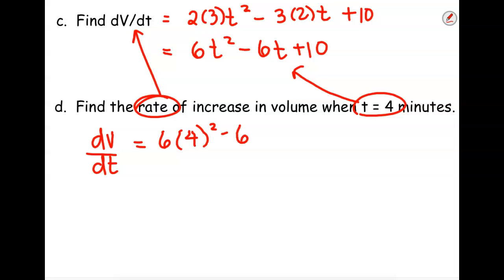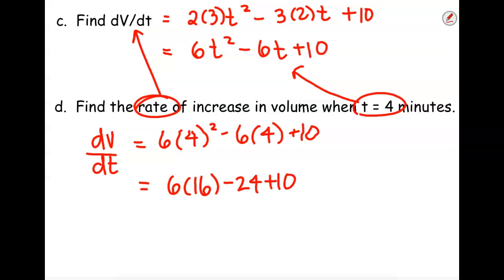So replace the t with 4 in the derivative function. We simplify it, combine like terms, and we get 82.